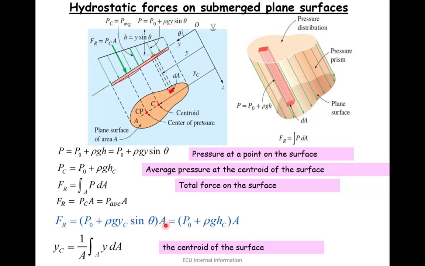So we can say for vertical and inclined surfaces that what is important is HC, the vertical distance from the liquid surface to the centroid of the surface we are investigating. Then this gives us the resultant force. So for inclined and vertical surfaces, we can simply work out the resultant force in that way.